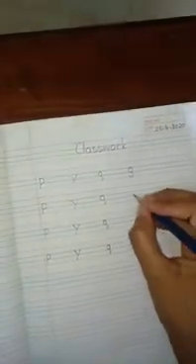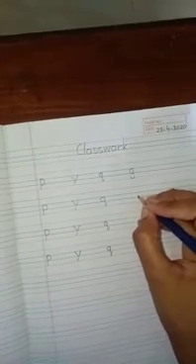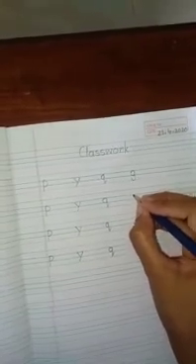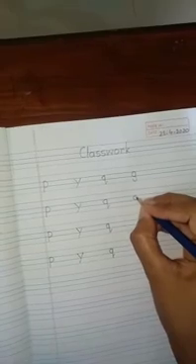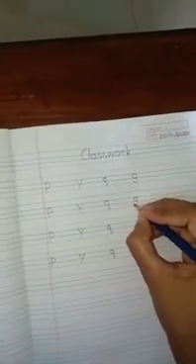Write the letter G again on the next line. Write C, go up, come down, and a curve backwards.